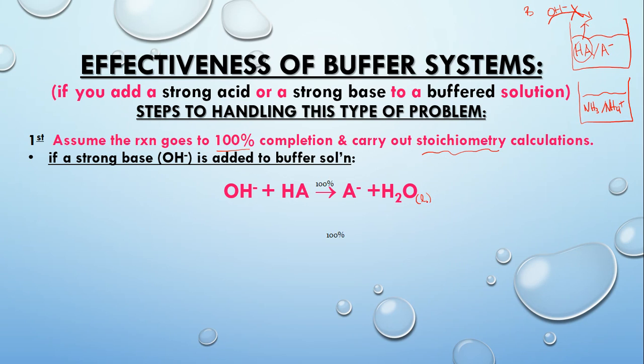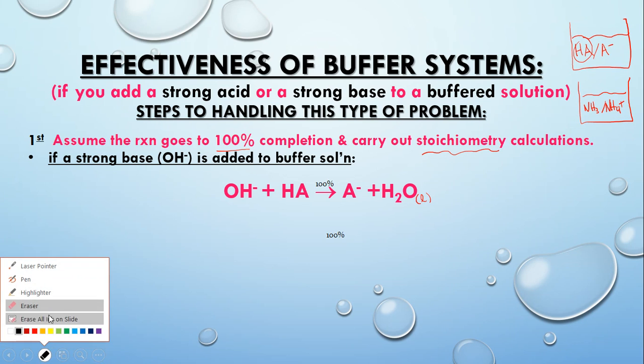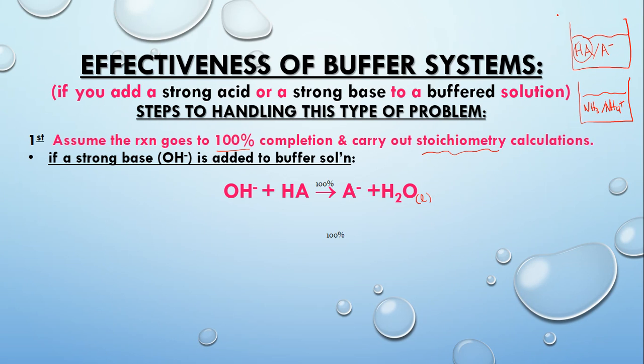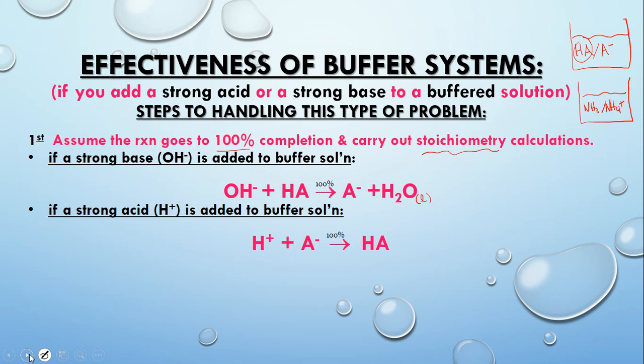Now, if you were adding a strong acid to the buffer system, so let me come over here, instead of adding a base, let's say that you're adding an acid to the buffer system. If it's a strong acid, acids donate hydrogen ions, and the strong acid would produce 100% hydrogen ions in solution.